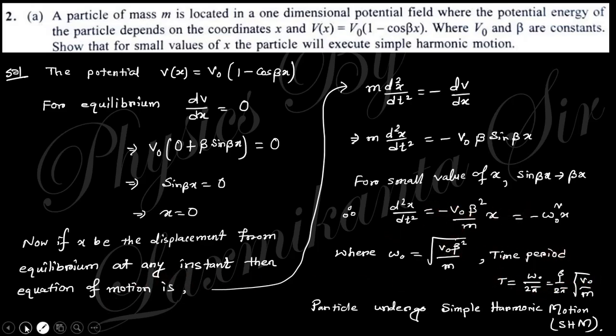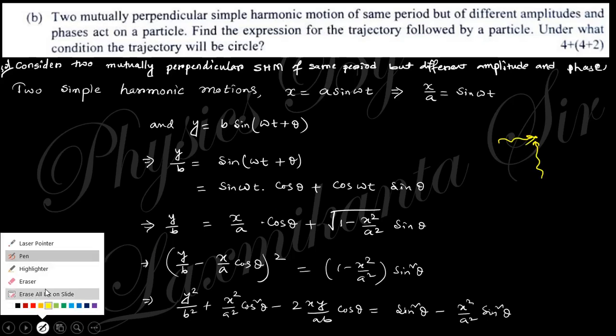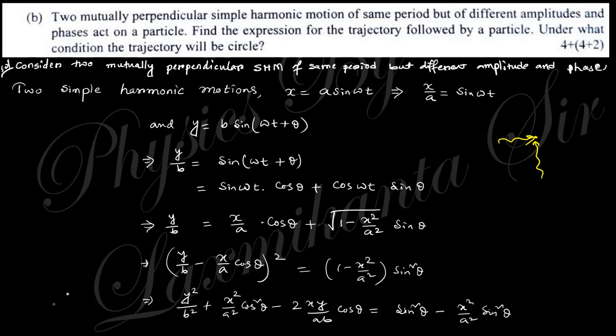Okay. Next question says two mutually perpendicular simple harmonic motions of the same period but different amplitude and phase act on a particle. Suppose there is a single particle like here, and two waves coming perpendicular to each other, and these two equations can be written as y equals b sin(omega t plus theta), and x equals a sin omega t.